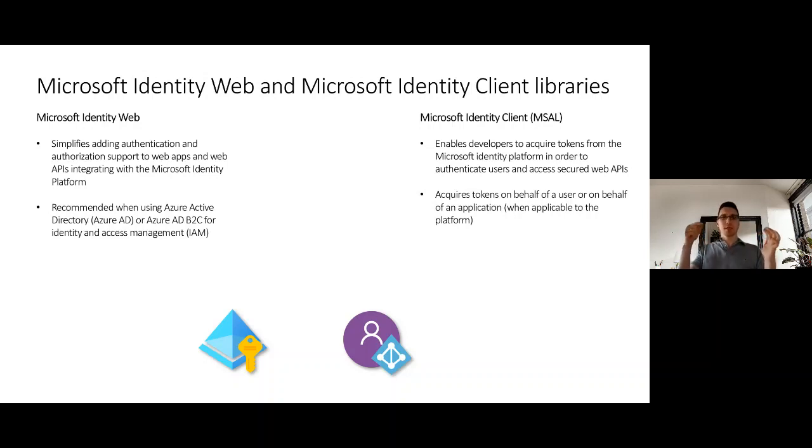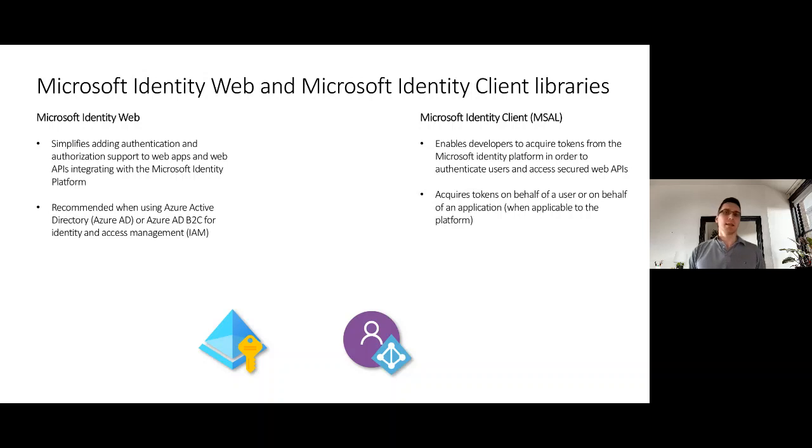So once the user is authenticated in the Universal Windows Platform application, where we use the Microsoft Identity Client library, this application can call the API in context of the user and get some data. And how is this web API protected? It's protected by Azure AD B2C. The application is registered there, and we use the Microsoft Identity Web library to protect this API.